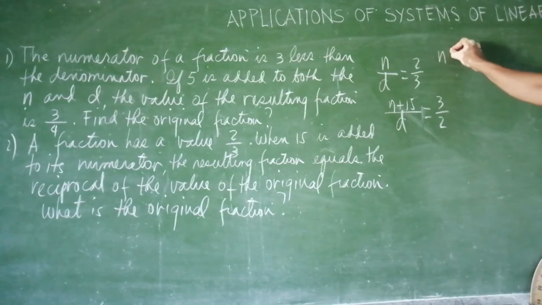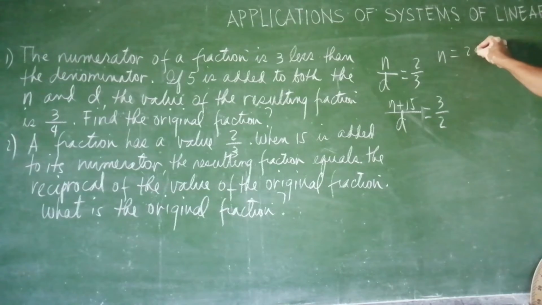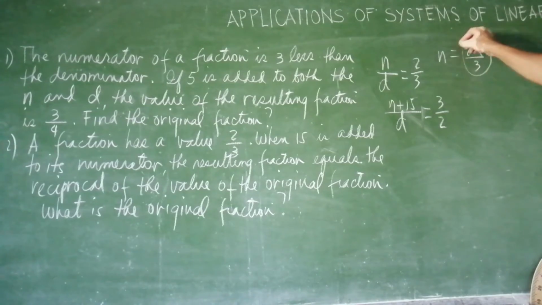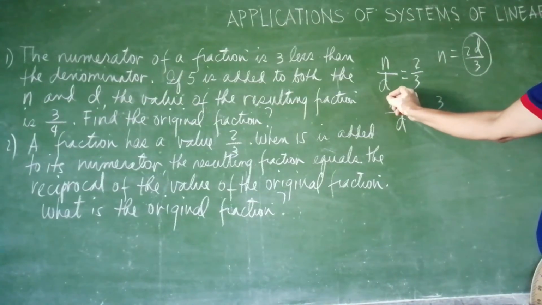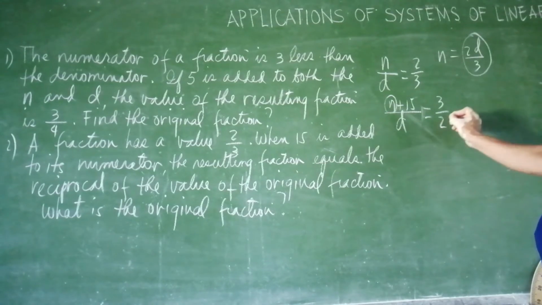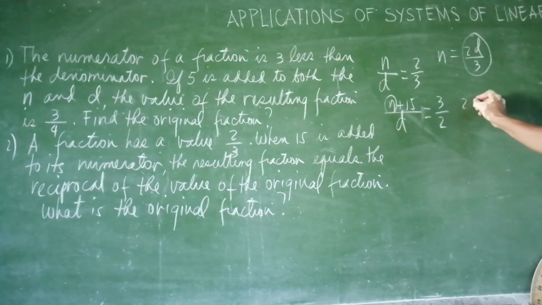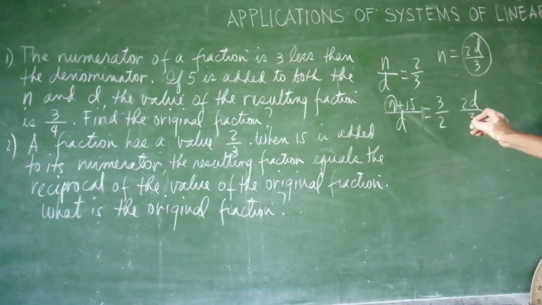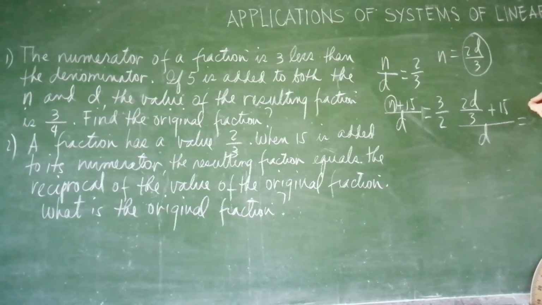Okay, shall we solve for n here? So n will be equal to 2d over 3. So we are going to use this value to substitute for n there. So that it will be 2d over 3 plus 15 all over d equals 3 over 2.